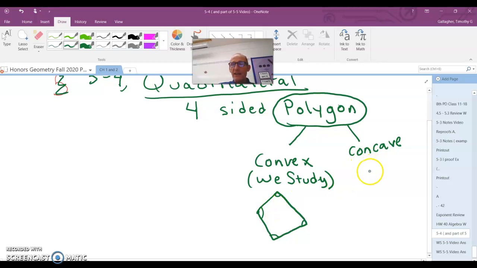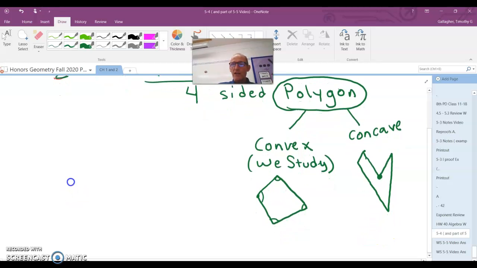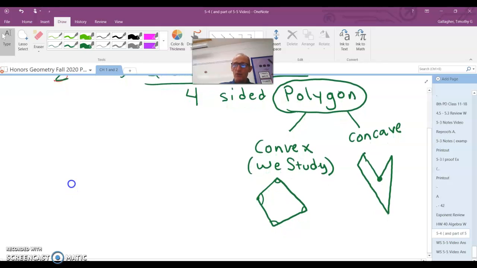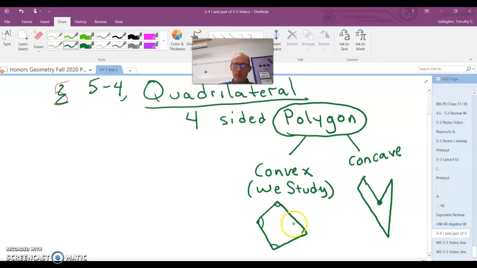A concave polygon is when one of the angles caves in, like this one. So concave is like, makes a cave here. This is not something that we generally study. Concave polygons are interesting and there's something to them, but the geometry we study is mainly convex.